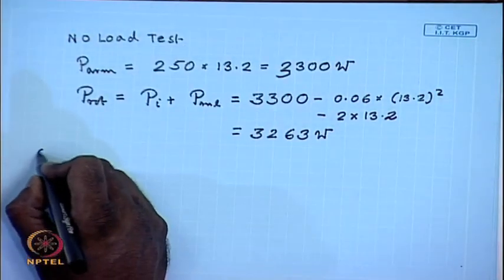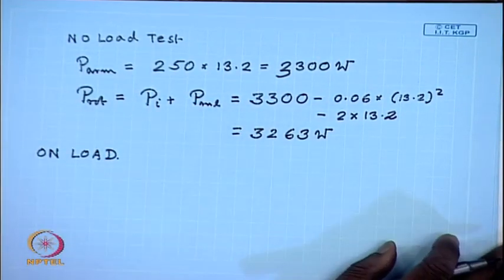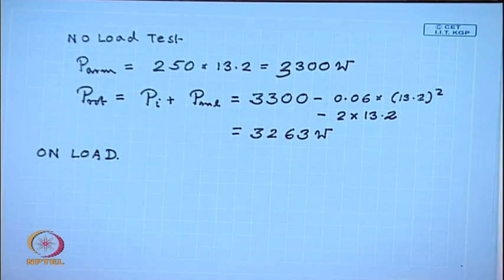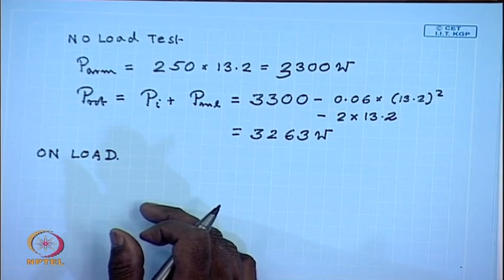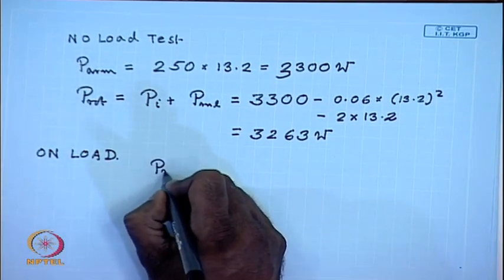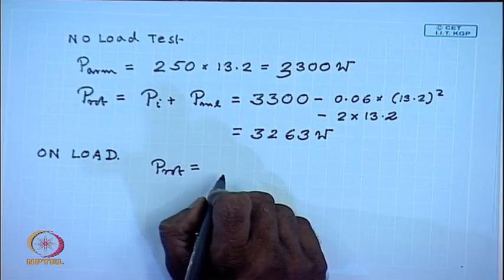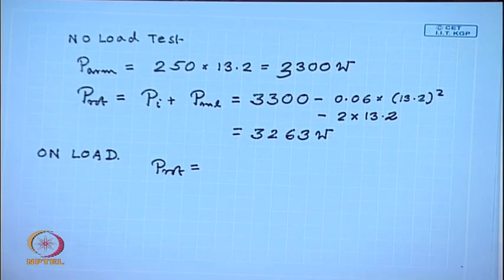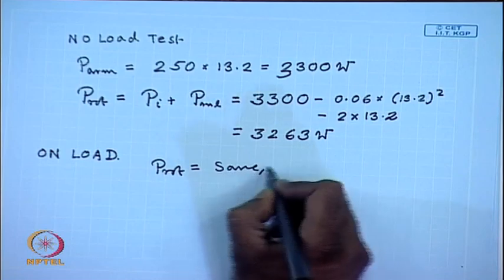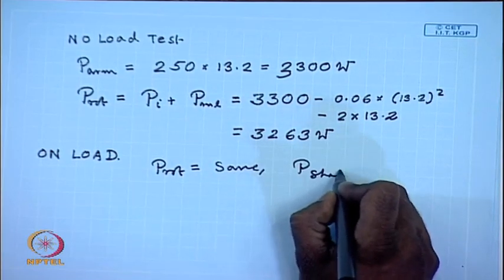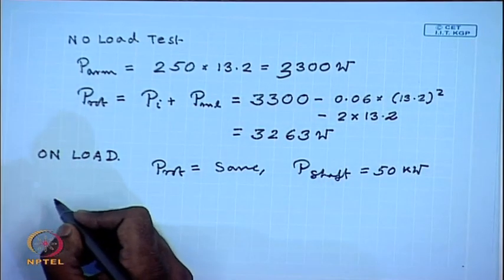So, on load, P rotational remains same and P shaft equal to 50 kilowatt. Let the corresponding armature current be IA.